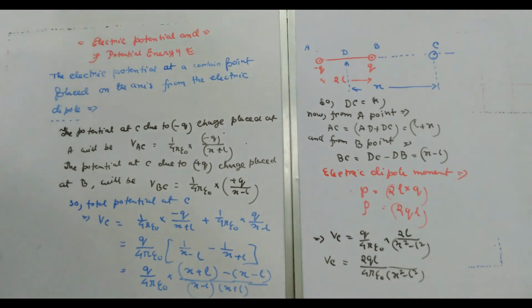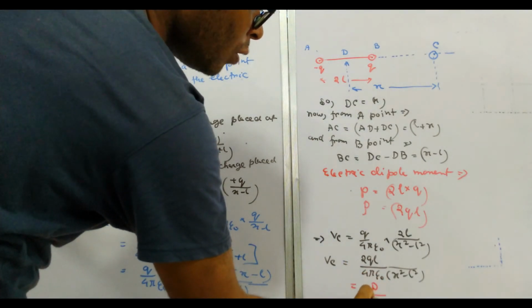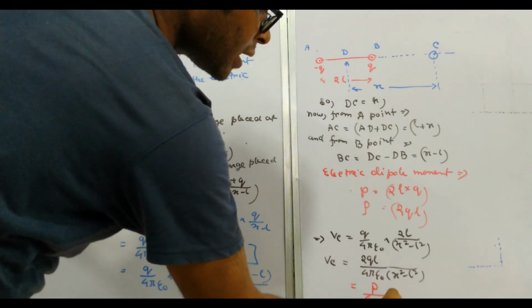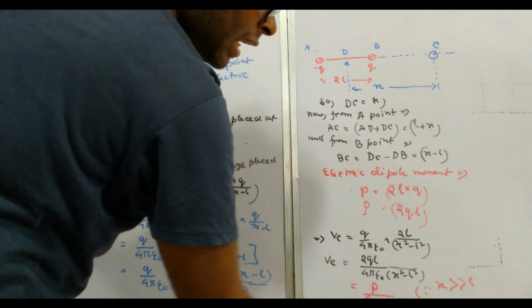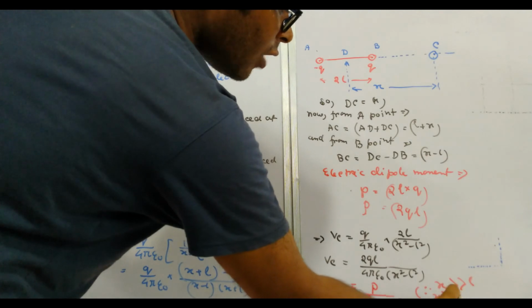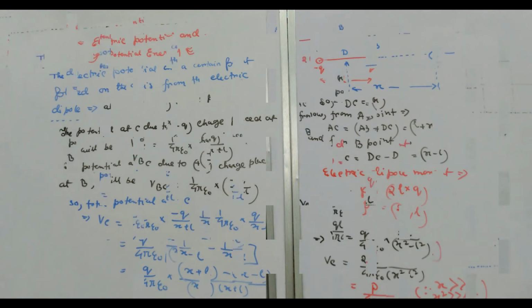We know the dipole moment P can be written as 2QL, so this can be written as P by 4 pi epsilon naught into X square, where we are thinking that X is far greater than L. As a result, X squared is far greater than L squared. So X squared minus L squared can be written as X squared, and this is the amount of electric potential at a certain point placed on the axis from the electric dipole. Clear?